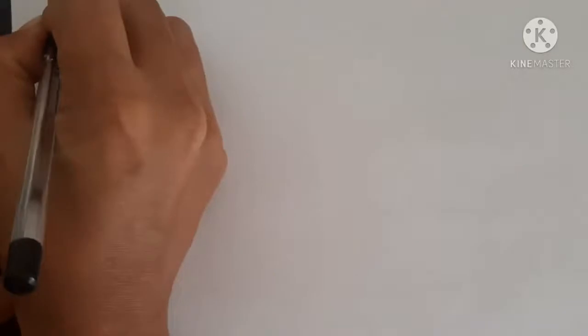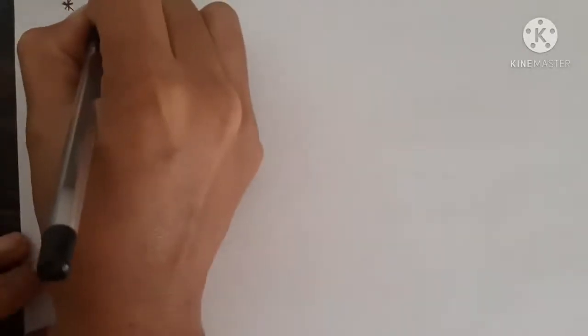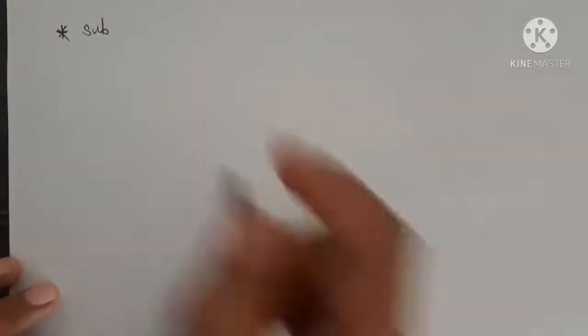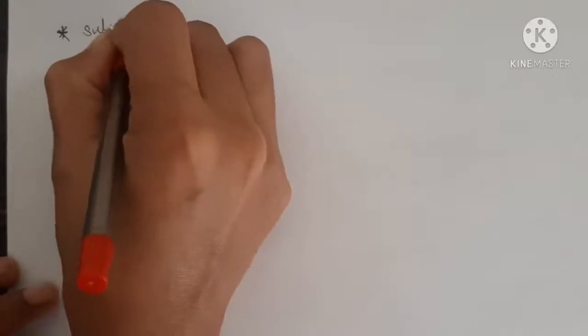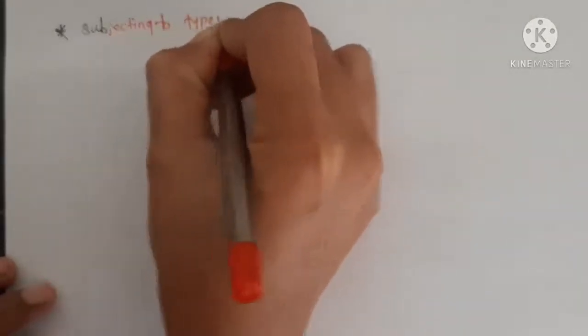In that, we have completed the first topic, that is steady state error and constant for type 0 system for step, ramp and parabolic input. Now today we are going to start the second, that is ESS and constant for type 1 system, subjecting to type 1 system.